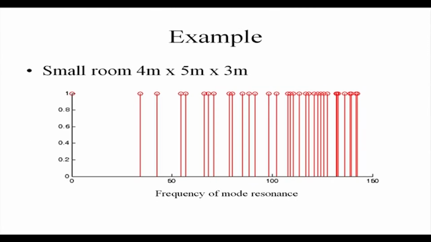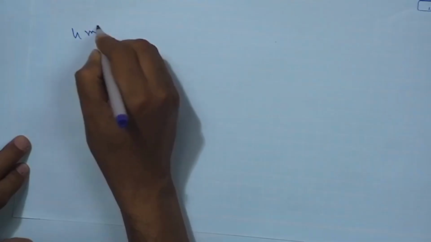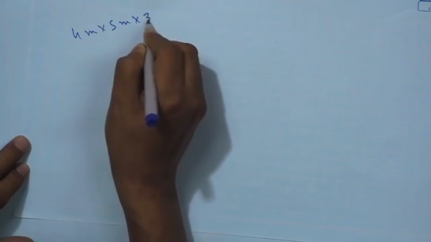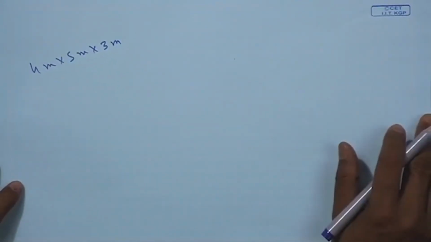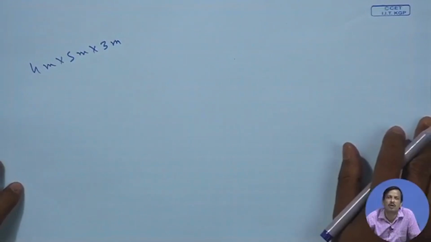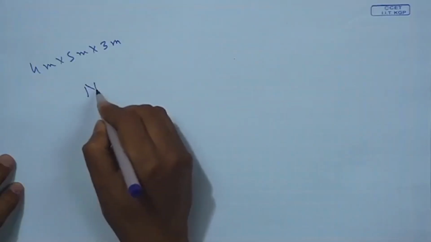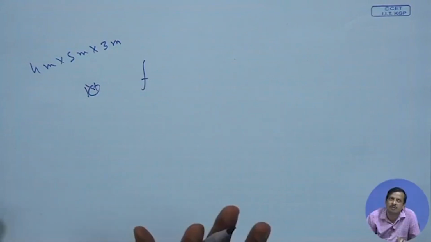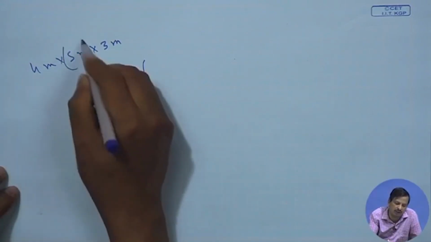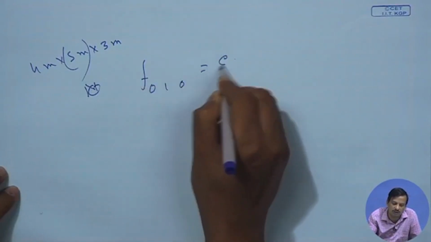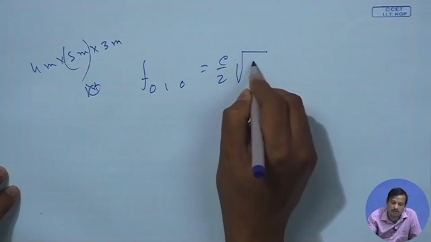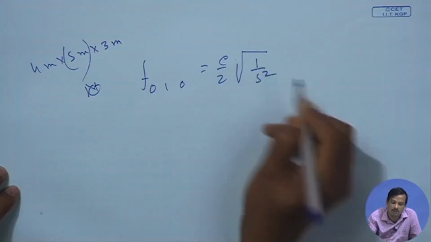Suppose I have a small room with dimensions 4 meters, 5 meters and 3 meters, and calculate the lowest axial mode. It will be the lowest when the denominator is high. So, it can be f 0 1 0. So, it is c by 2 root over of 1 by 5 square.